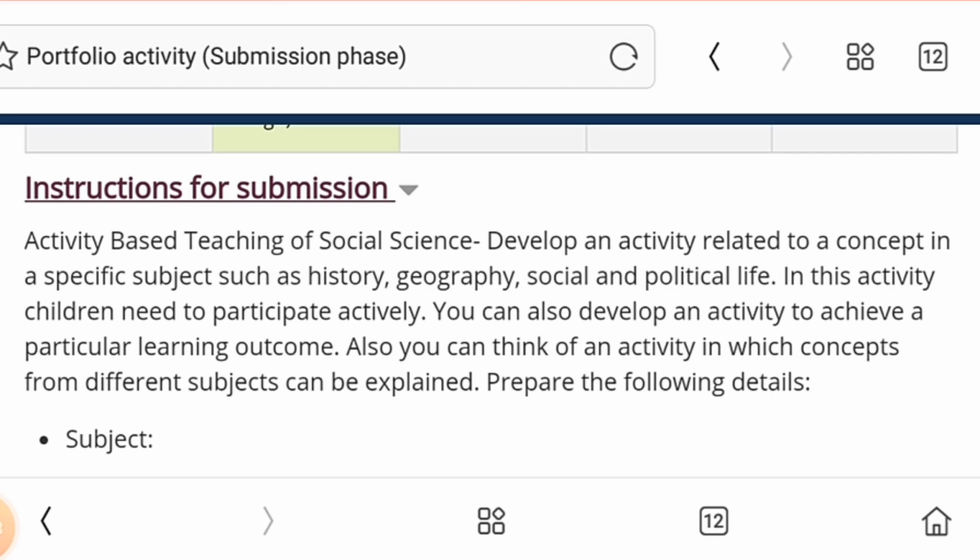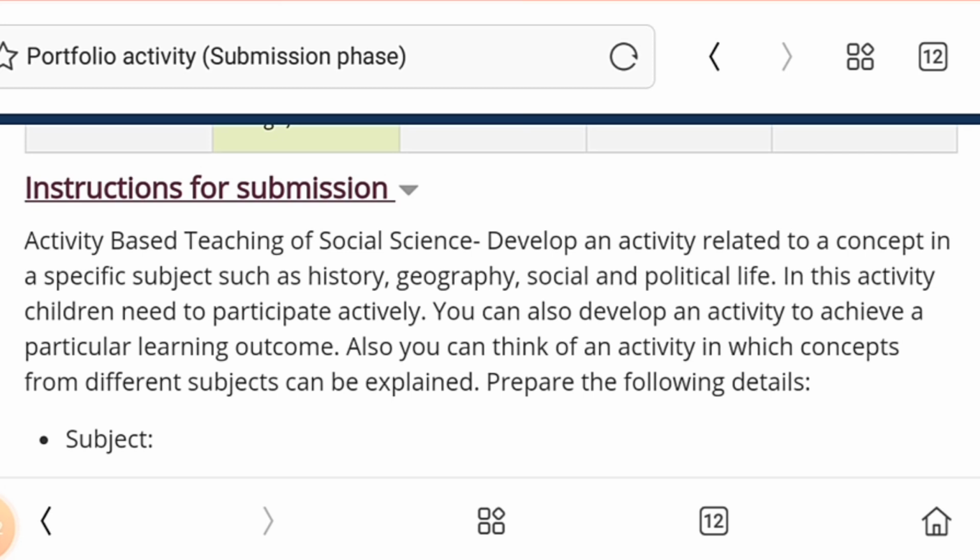Instructions for submission: activity based teaching of social science development, an activity related to a concept in a specific subject such as history, geography, social and political life. In this activity, children need to participate actively. You can also develop an activity to achieve a particular learning outcome. Also, you can think of an activity in which concepts from different subjects can be explained.